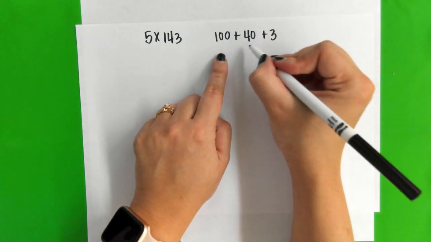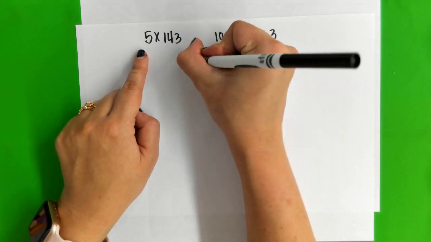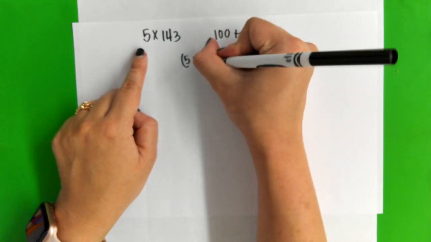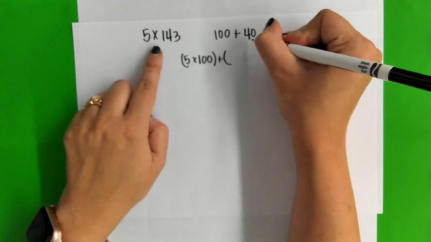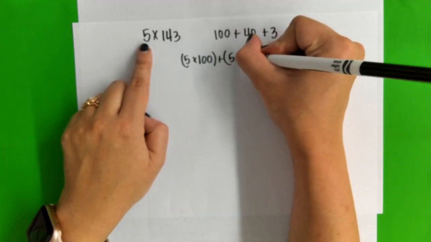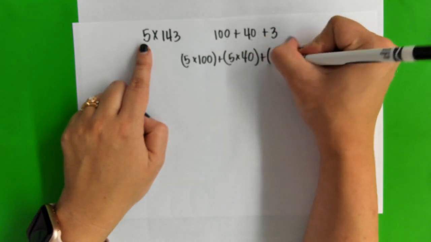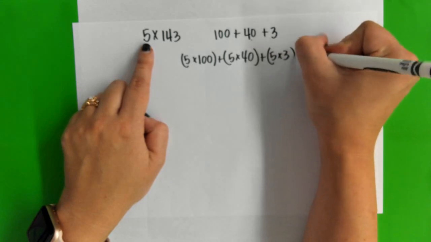Then I can take each of these numbers and multiply it by 5. So I have 5 times 100, close my parentheses, plus 5 times 40, close my parentheses, plus 5 times 3.